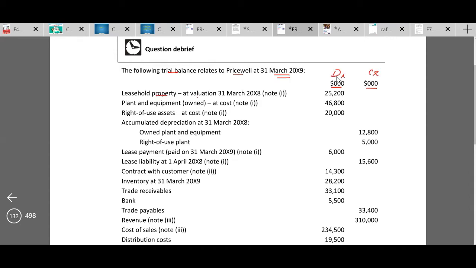Leasehold property at valuation 31st March 20x8. Valuation means the carrying value, and this is the start of the year because the year end is 31st March 2009. So this is the opening balance. Plant and equipment at cost, which is 46,800. Right of use assets, which is the leased asset.